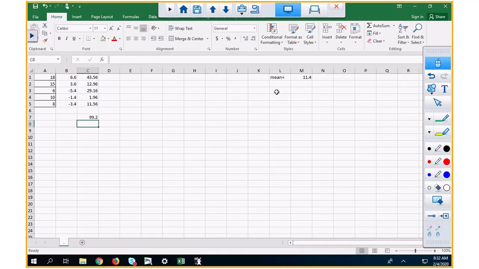That is my numerator for my variance. And equals this guy divided by 4. And there's your variance. So I just did it on the Excel spreadsheet, and it only took me maybe 45 seconds. Okay, you've got 3 different ways, or you could do it by hand. Capiche?